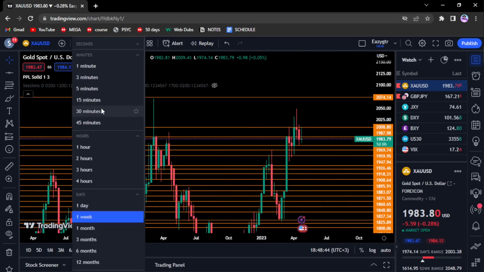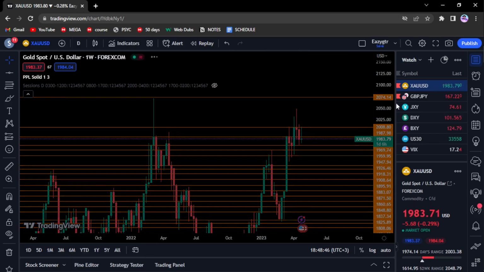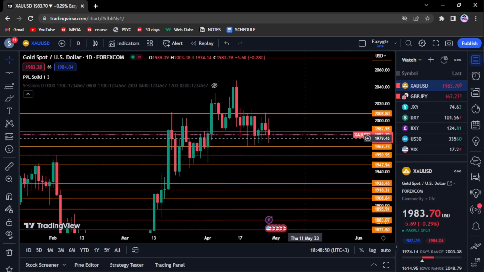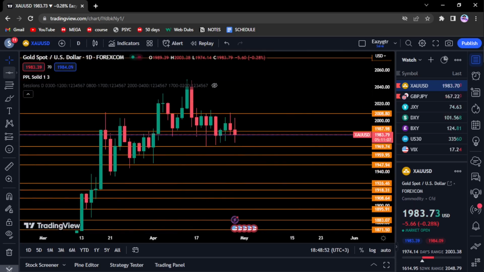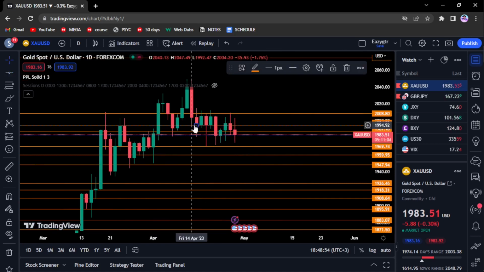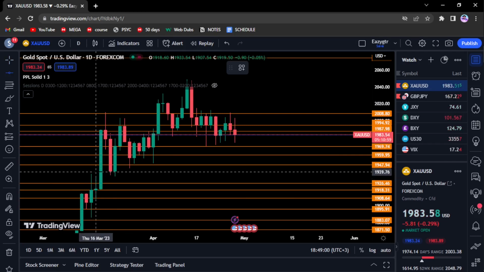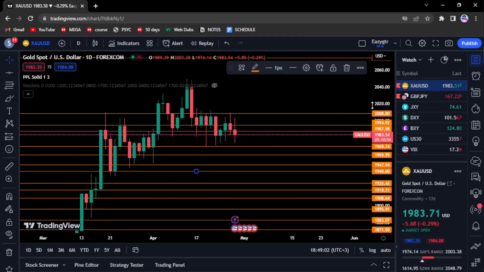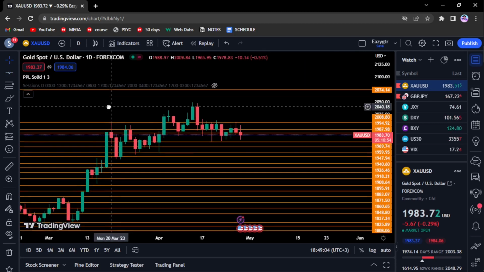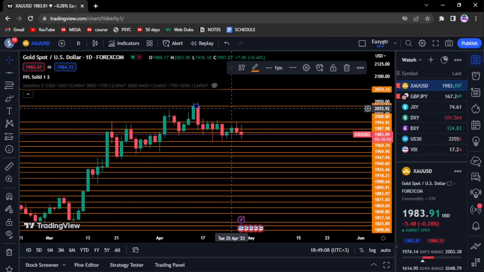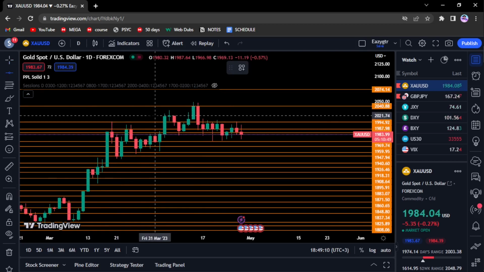Okay, let's drop down to the daily. Look for the gray areas on the weekly and solve them on the daily. How about 2040? How about 2021?